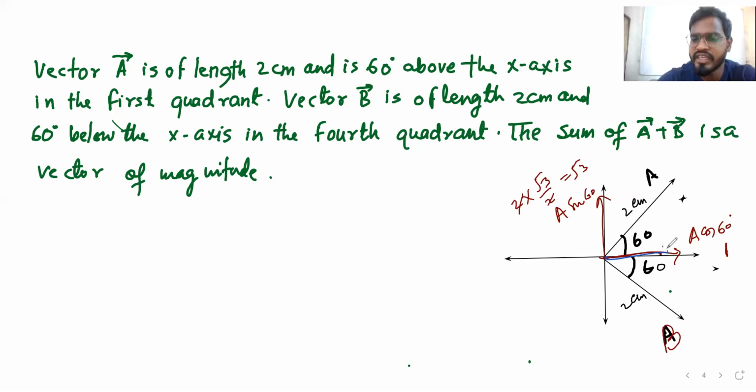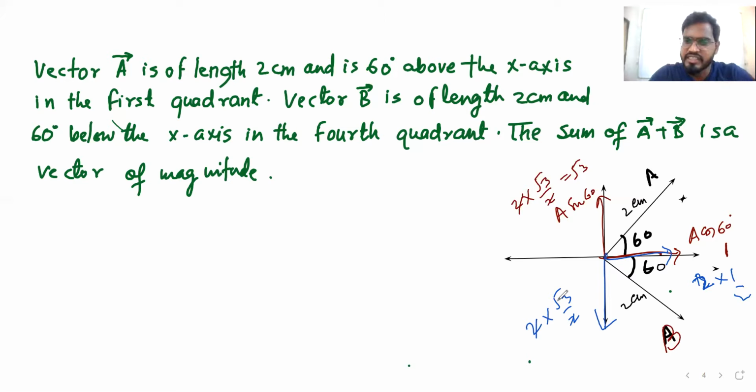B cos 60, B is 2, cos 60 is 1 by 2, in this direction, and in this direction it is B sin 60. Sin 60 is root 3 by 2, so it cancels out, so root 3.